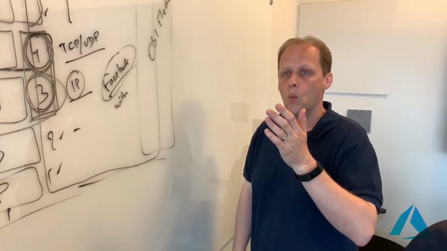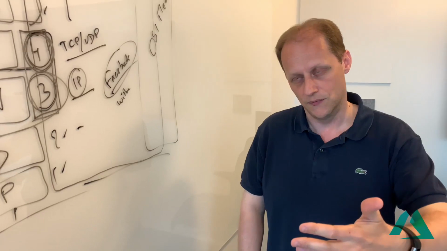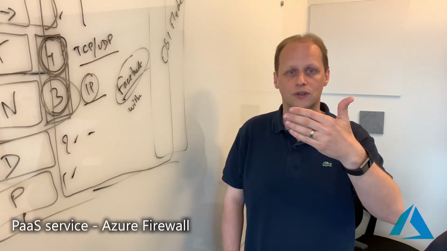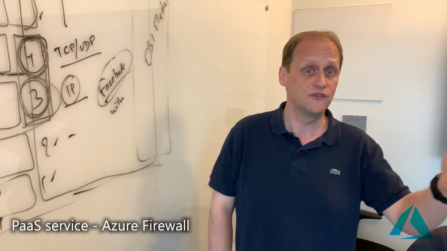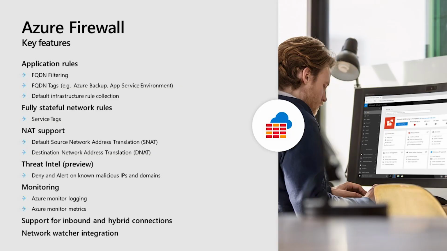Now, what has Microsoft done so far? They've introduced a new PaaS, which is Azure Firewall. Azure Firewall is effectively what those third-party providers will provide, but as part of the platform. So you can now have a highly available firewall service within the Azure platform for you. It does most of the things that an NVA will do for you, that a third-party firewall will do for you.